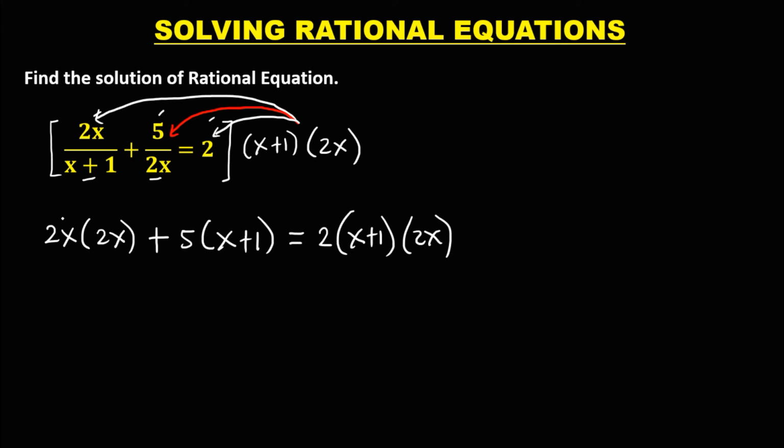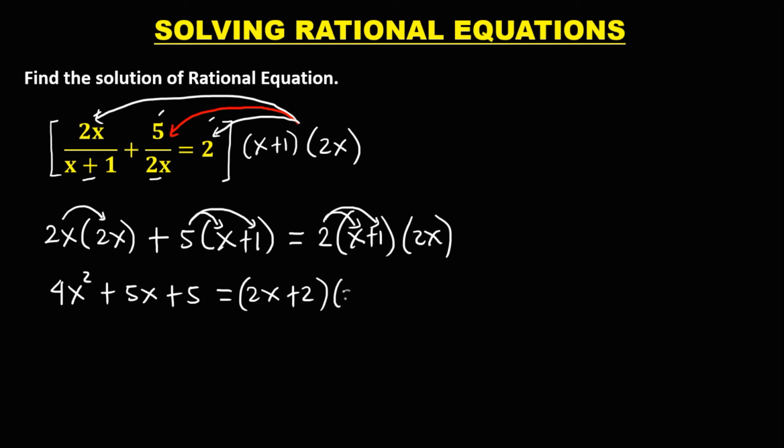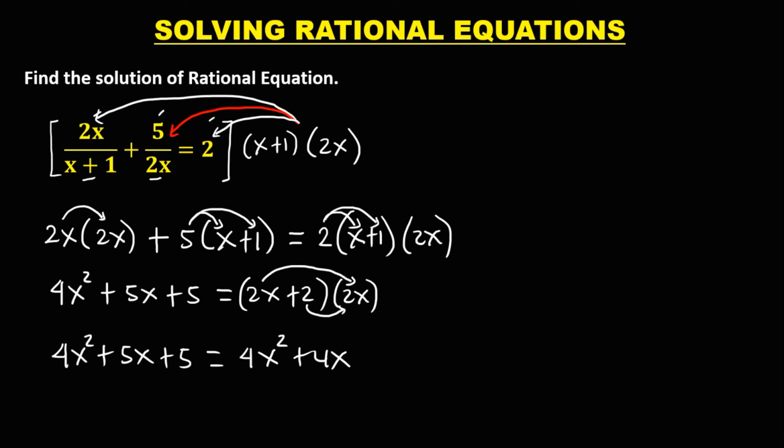Then to simplify, this 2x times 2x is 4x squared, then plus 5 times x, this is 5x, and 5 times 1, that's positive 5, then equals 2 times x, this is 2x, and 2 times 1, that's positive 2, then we still have 2x, so this is now 4x plus 5x plus 5, then equals, multiply, so 2x times 2x, that's 4x squared, and 2 times 2x, that's positive 4x.